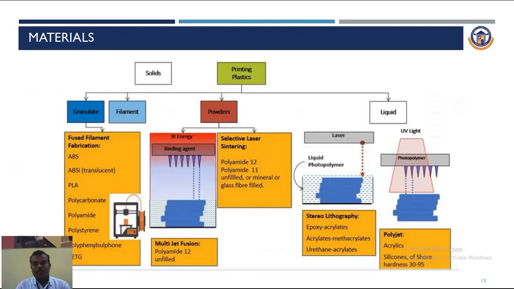In powder form, polyamides, granules, and glass fibers can be used, based on the polymer types.